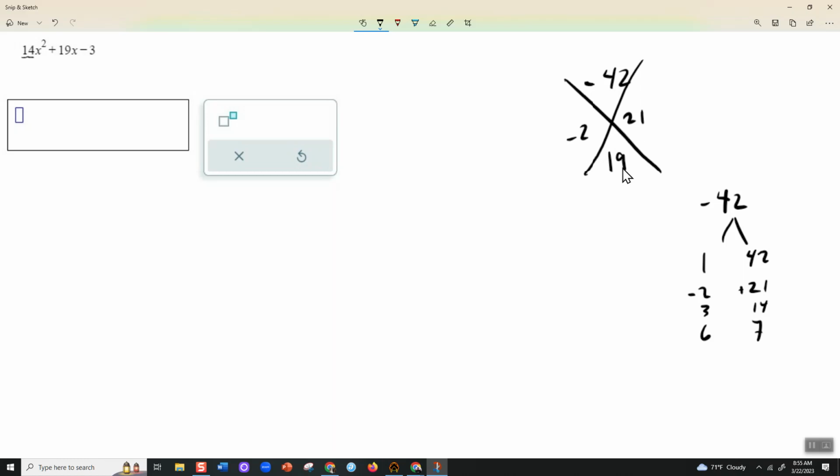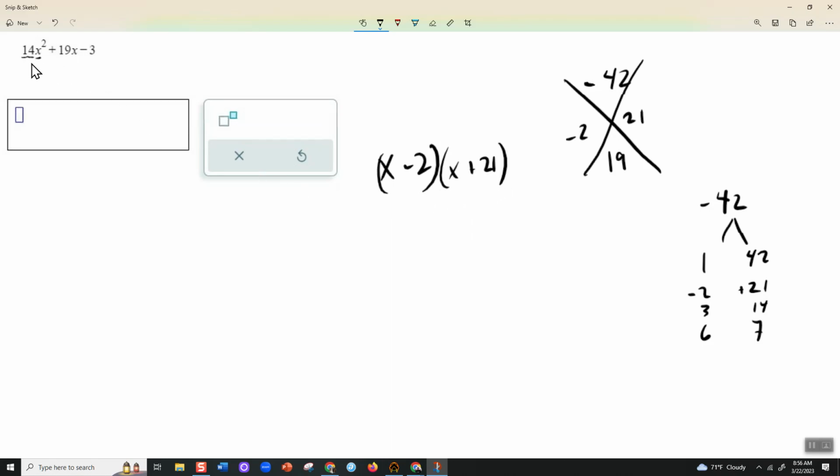So they add up to 19, and they multiply to negative 42. So now I'm just going to put them into the binomials. My variable is x. I'm going to do x minus 2 and x plus 21.